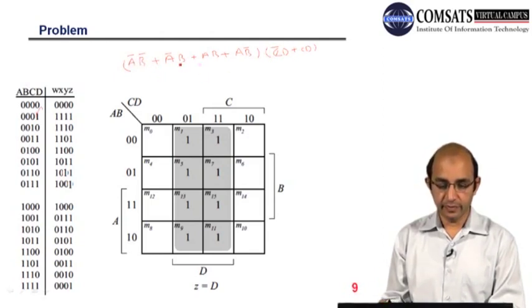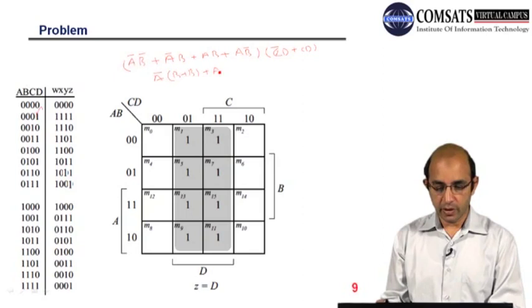So what I can do, I can take A bar as common, so B plus B bar, plus A common, so B plus B bar, right. So this is B plus B bar, and this is 1 again, so this will be 1.